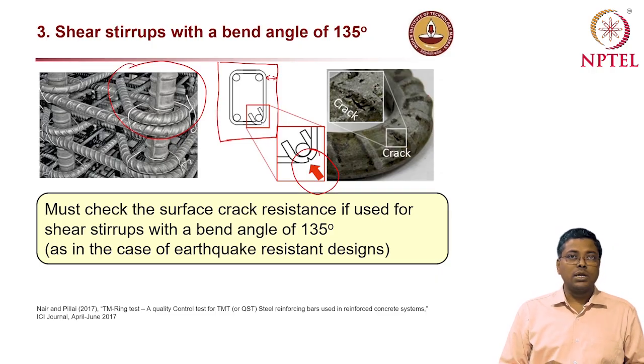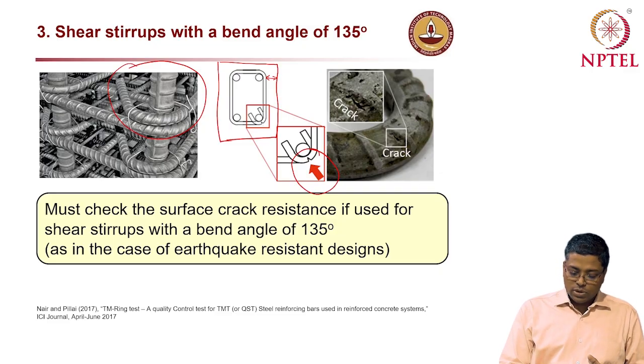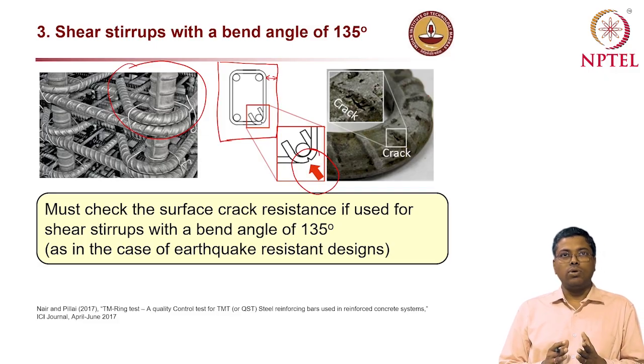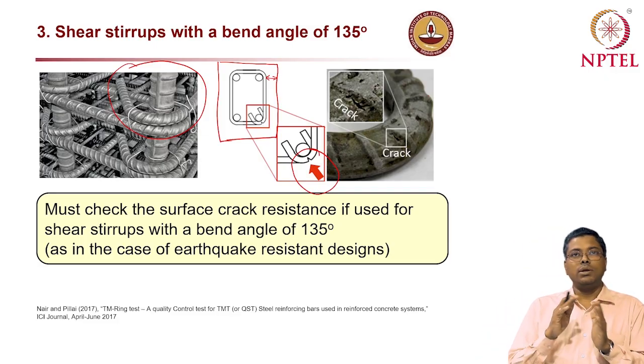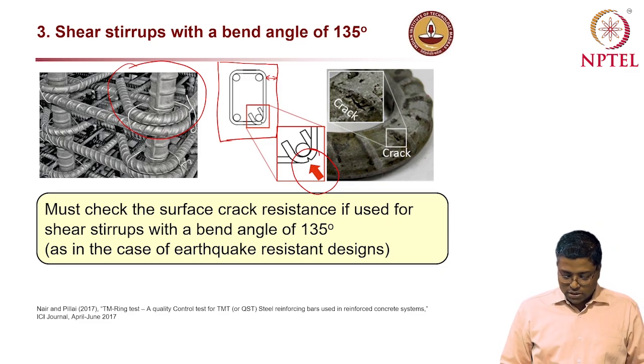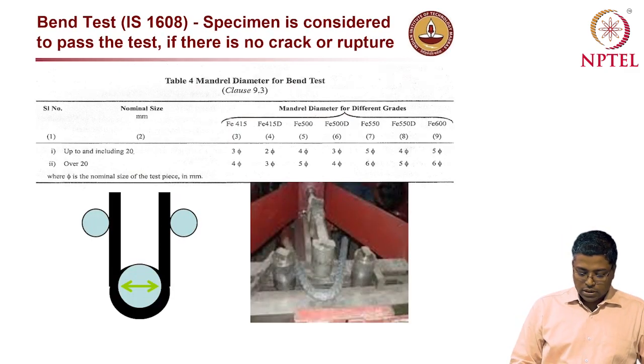Now if the shear stirrups are cracked, you will see that they will corrode before the primary reinforcement. So if you look at any structure which is corroded, you will most often see that the shear stirrups, and that too at the bend portion, are the region which are corroding. So then it compromises the structural capacity.